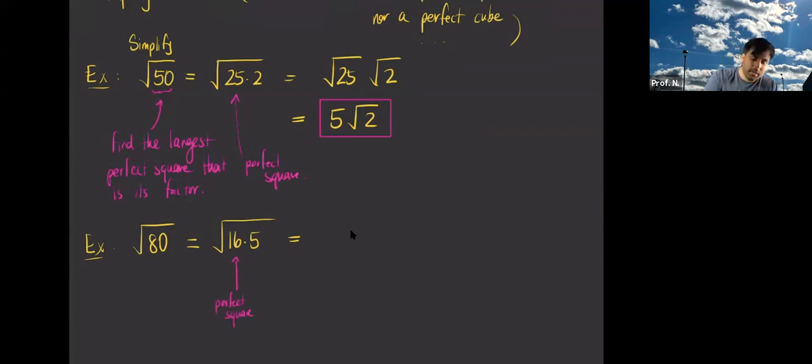So I can break that down as the square root of 16 multiplied by the square root of 5. And what is the square root of 16? 4. So 4 rad 5. I can break down square roots if I find the highest perfect square that is a factor of that number. And now 4 rad 5 is the simplification of rad 80.